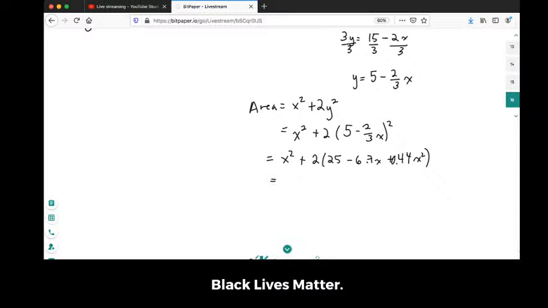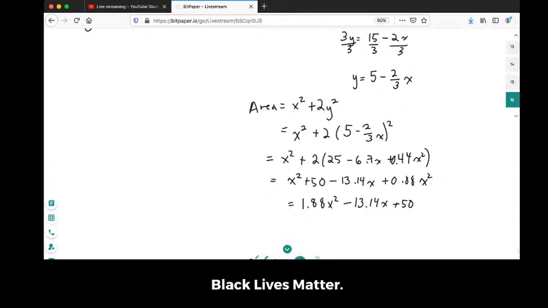And then when I bring everything together and multiply that in, it's going to be x squared plus 50 minus 13.14x plus 0.88x squared. And when I rearrange this, because we have to make sure that it's all rearranged, it's going to be 1.88x squared minus 13.14x plus 50. Okay. So now we've gotten to this point.